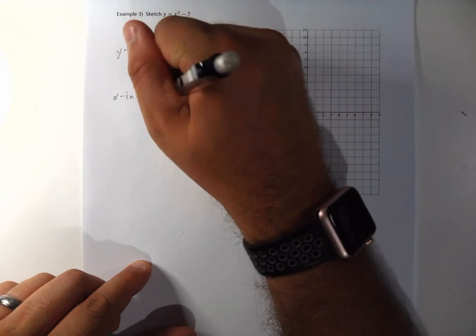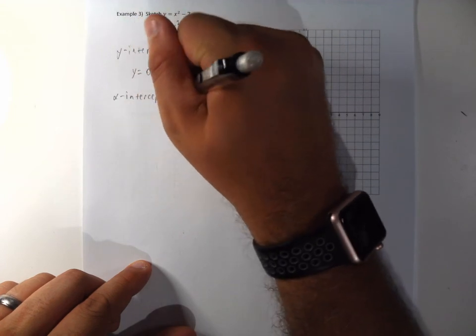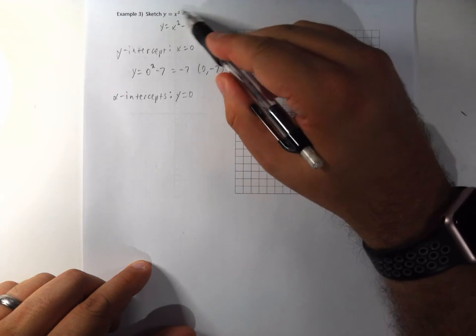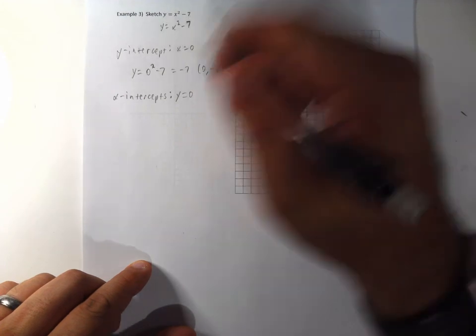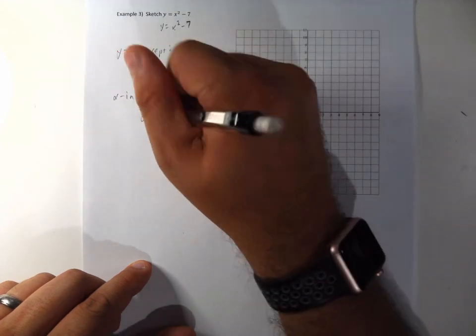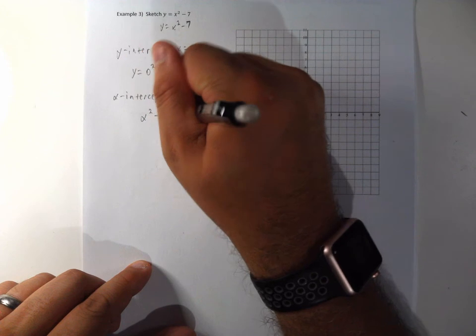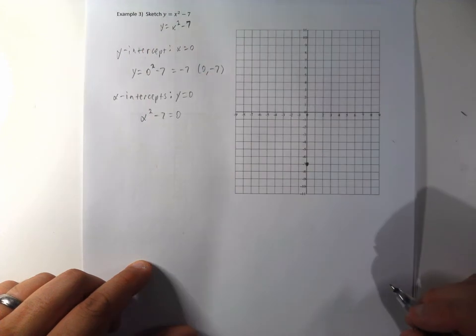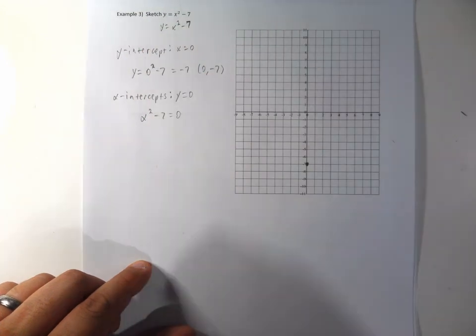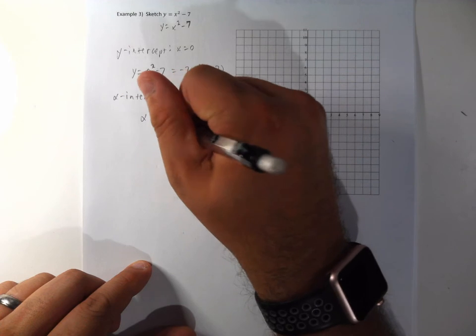X-intercepts. Y is 0. And since this is equal to y, the quadratic has to equal 0. We're going to use the square root property to solve this. So I'll add 7.